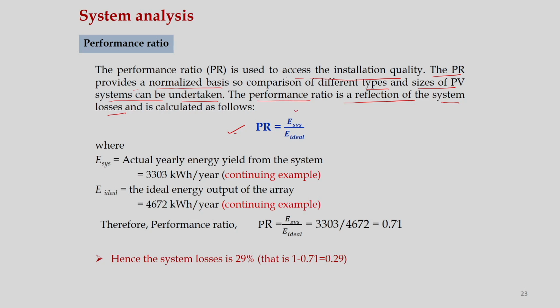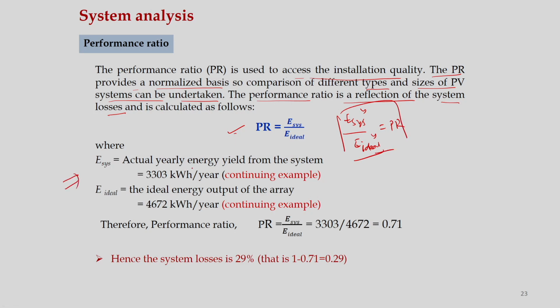And this performance ratio is a reflection of system losses, which can be calculated by PR is E system, of course yearly, since I have written yearly, divided by E ideal yearly. So, this is nothing but the performance ratio, right.